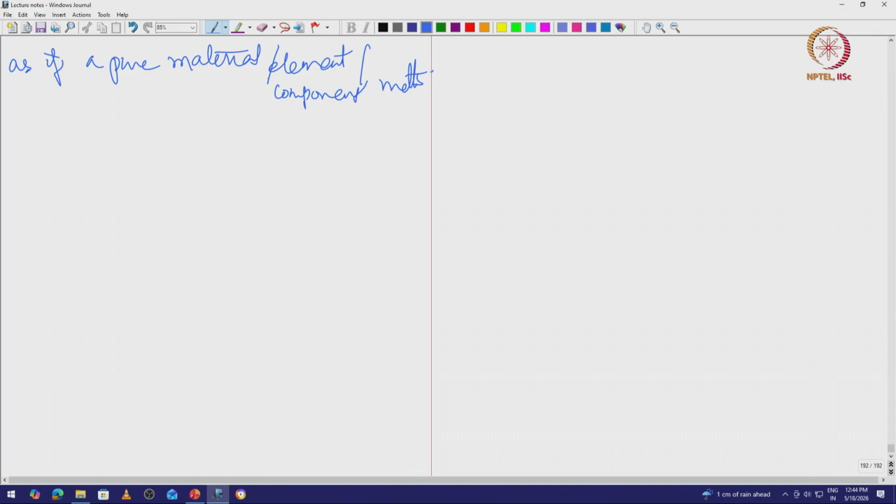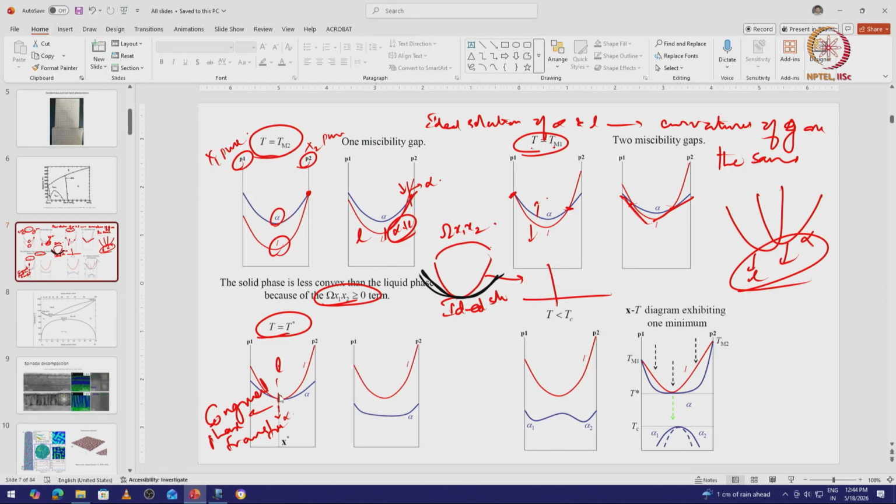So, it is as if it is a pure material that is melting, there is no change in composition. Here for example, there is absolutely no change in composition, whatever is the liquid composition is the same as the solid composition.